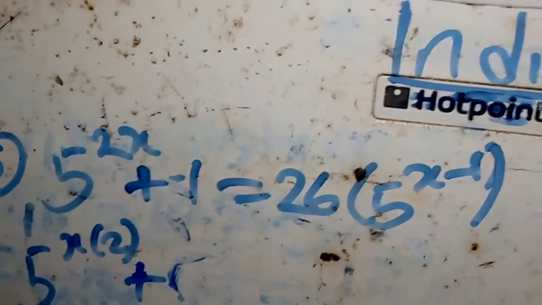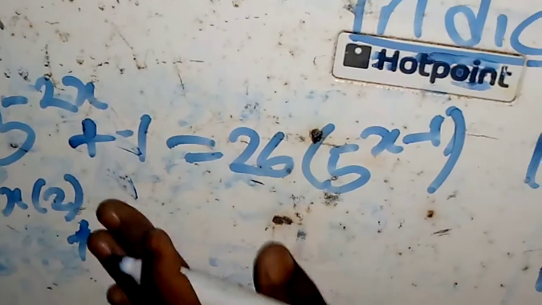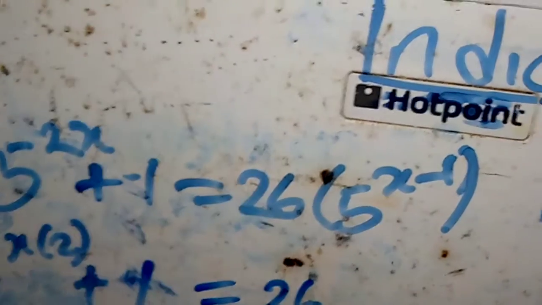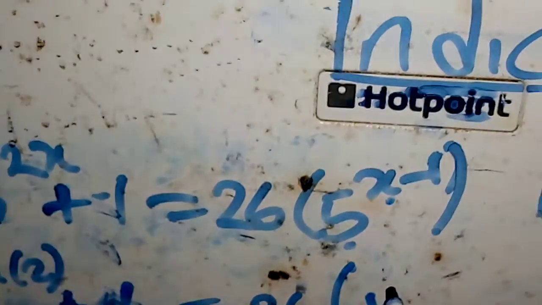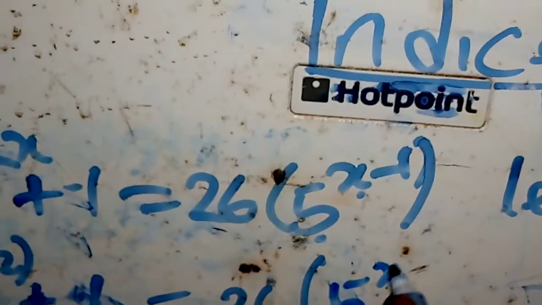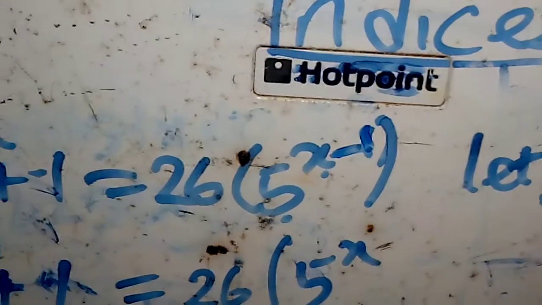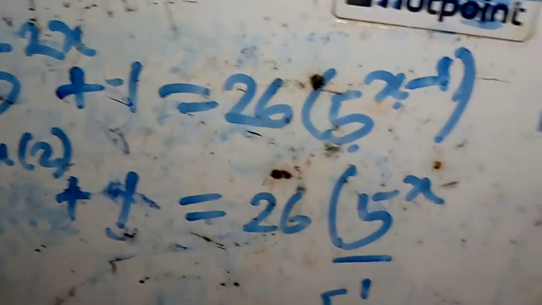Or you can also say, take note of this, 5 raised to the power 0 equals 1. You can also put it like 5 raised to the power x, this minus, for the base it will be divided, 5 raised to the power 1. So if you want to return it, from our rule, it will be x minus 1. So have you seen it?